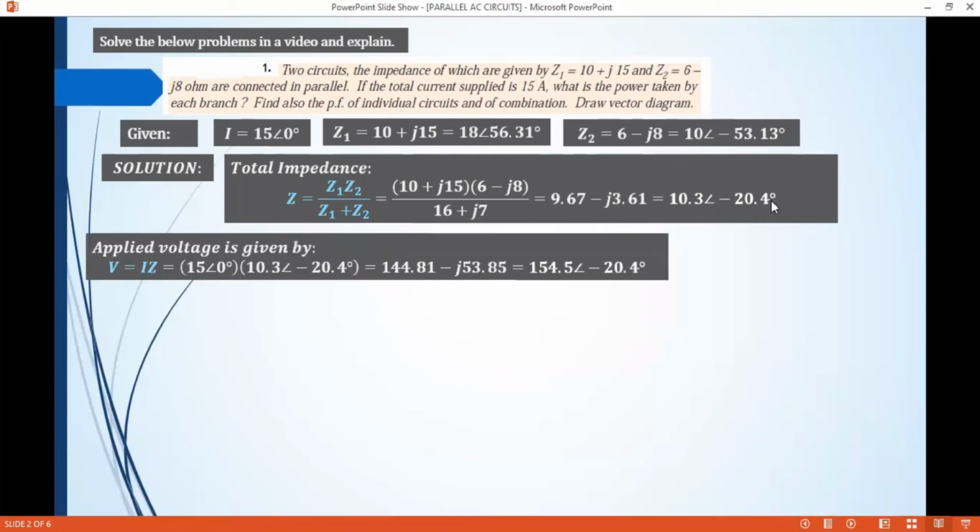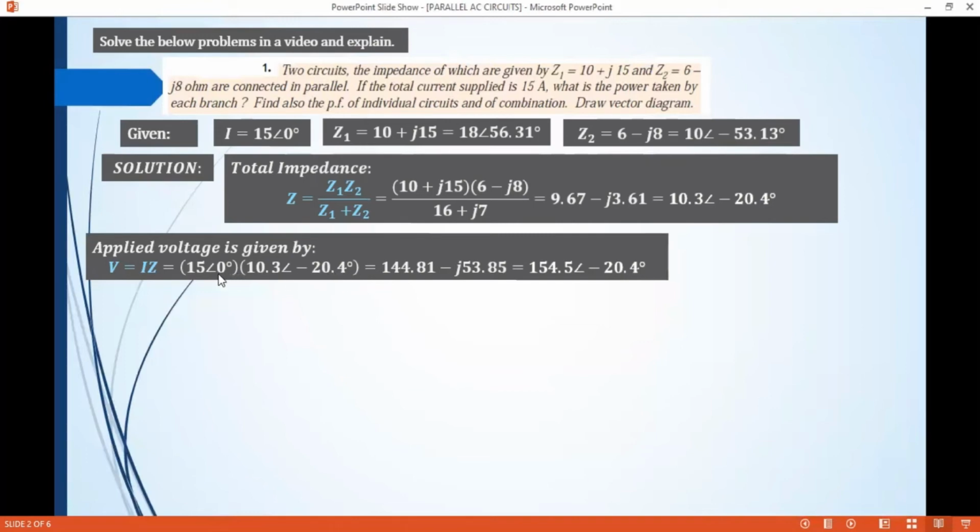Next is the applied voltage. This is the formula for our voltage: V is equal to the product of our current times the total impedance. Since we already have our current, 15 angle 0 degrees, that is the total current, and the total impedance that we solved a while ago, which is 10.3 angle negative 20.4 degrees.